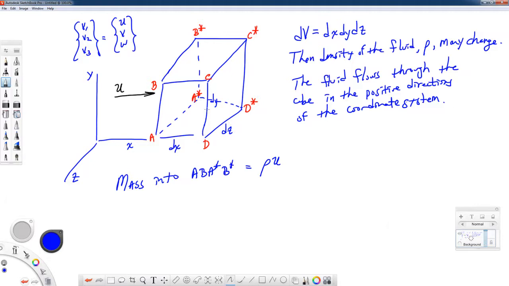Now the dy is the vertical line. The area is dy times dz, and because we're dealing with velocity, we're talking about per time, so we need to multiply that by a small increment of time.